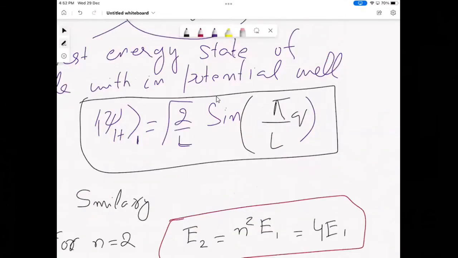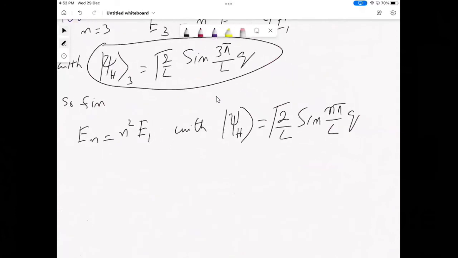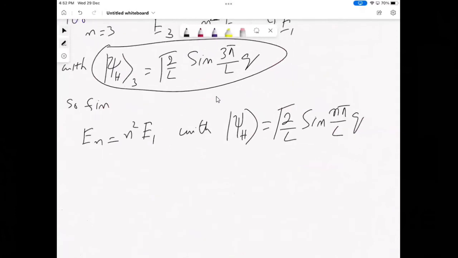From this we get this result. So what will be the probabilities? This Hamiltonian eigenstate will be this. One is discrete, and energy is also discrete.